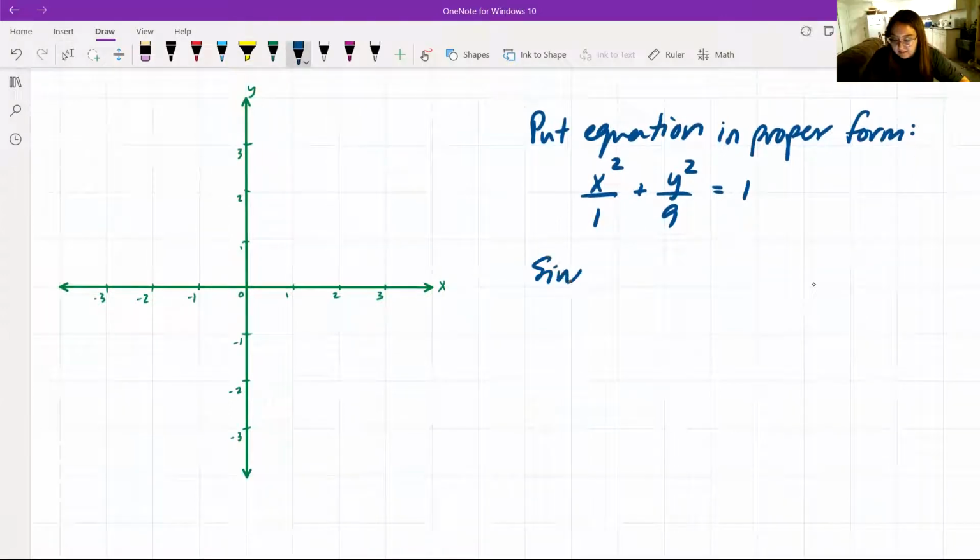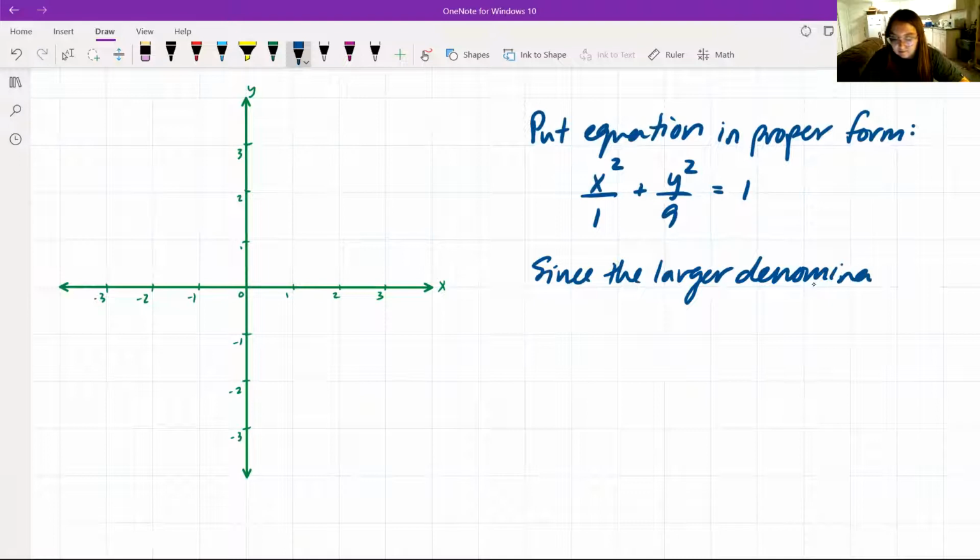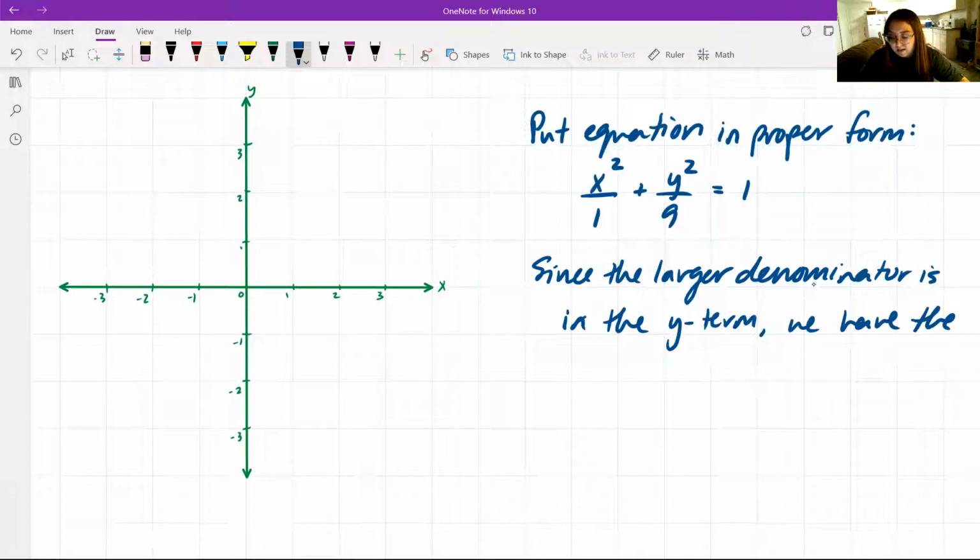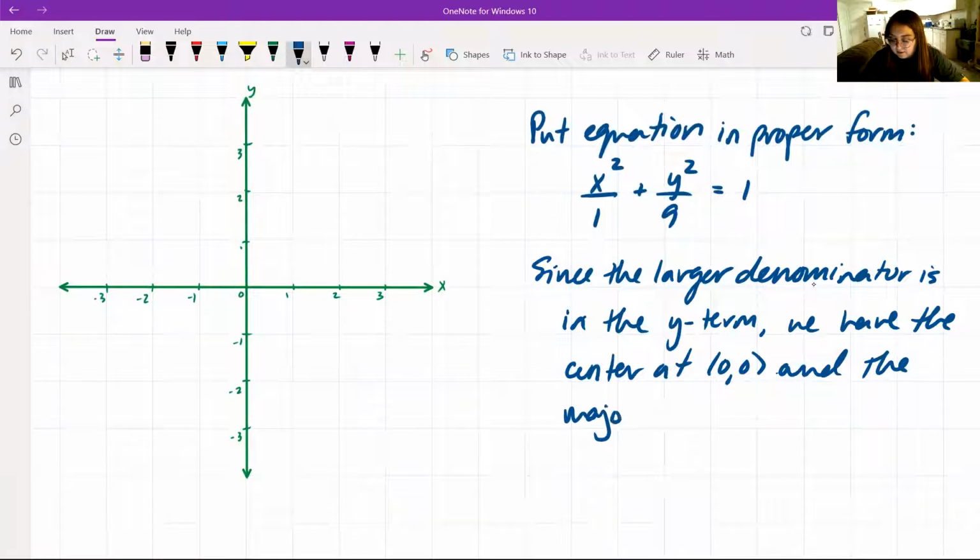So then we get, since the larger denominator is in the y term, we have the center at 0, 0, and the major axis is on the y-axis.